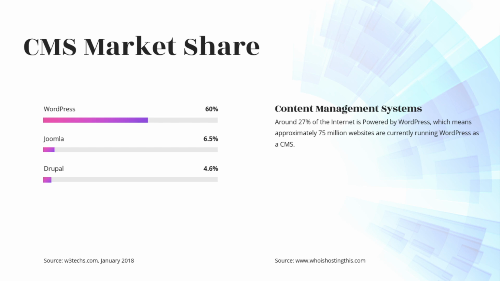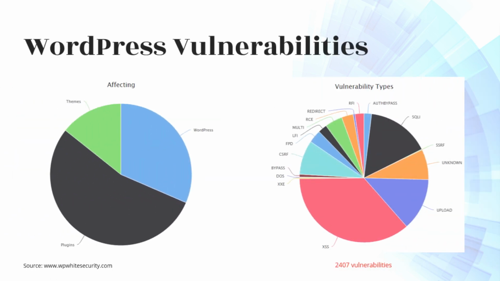The statistics that I found recently were around 75 million websites running WordPress nowadays on the internet, and this only shows you that if there was a vulnerability associated with a content management system such as WordPress, then that vulnerability will distribute across all of the websites running that CMS. We'll see this very clearly in this chart as well.